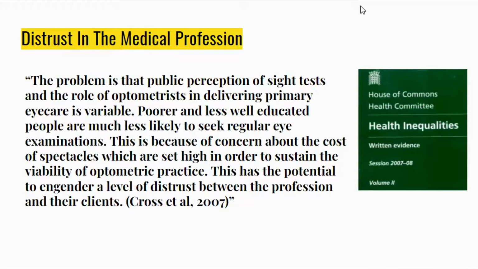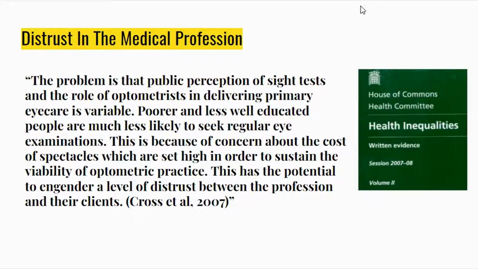Now, when we think about distrust in the medical profession, we need to think about optics as well. So in 2007, there was a House of Commons Healthcare Committee that looked at health inequalities, and part of the report looked at the role that optometrists play. And this is a quote from the report: the problem is that public perception of sight tests and the role of optometrists in delivering primary eye care is variable.